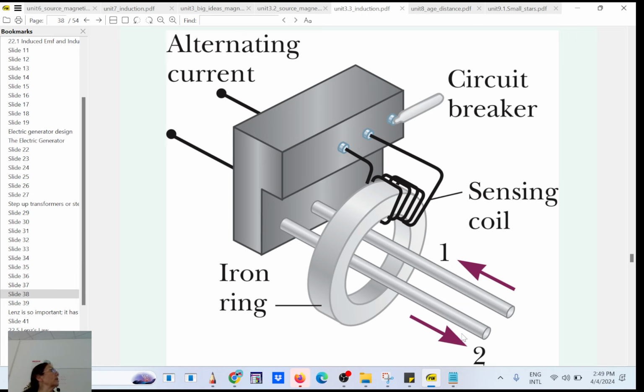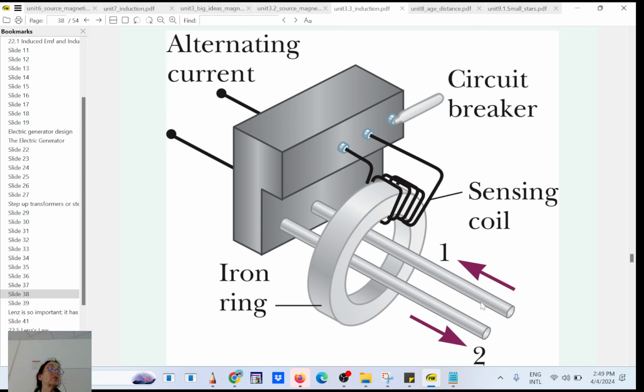But if somewhere there is a leakage, a short, maybe you plug in your appliance and there is a short somewhere, that means you're going to have more current out than you have in. So in that case, you're going to have a magnetic field here, expanding, collapsing, expanding, collapsing.